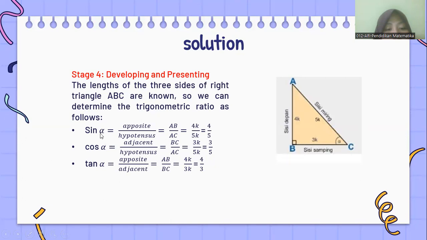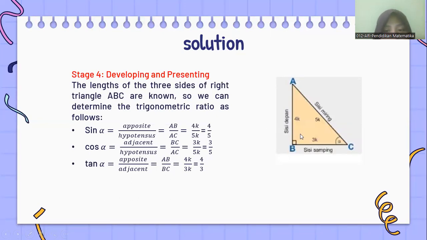Sin alpha is equal to opposite over hypotenuse. Looking at the picture, the opposite side is AB.